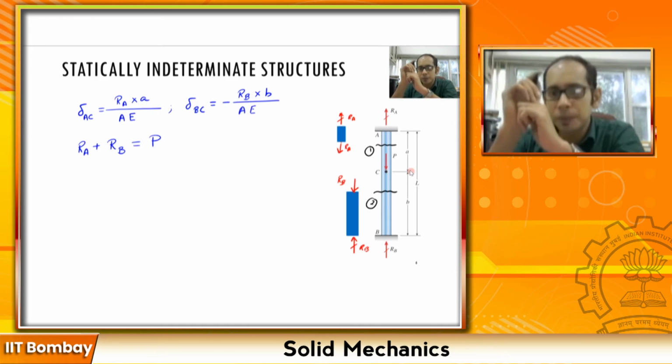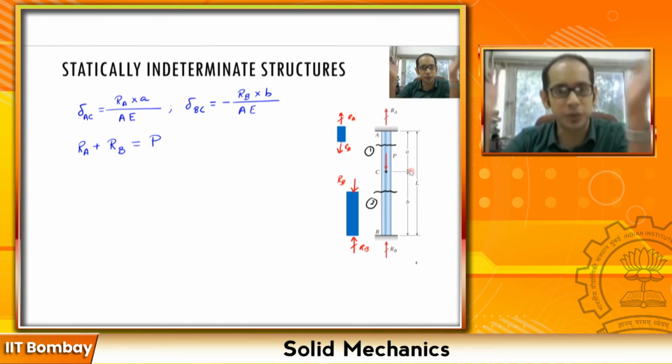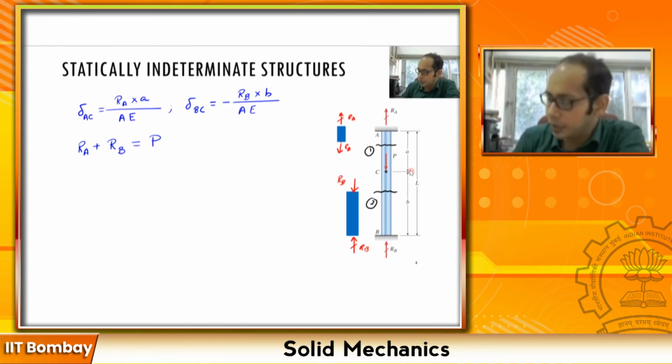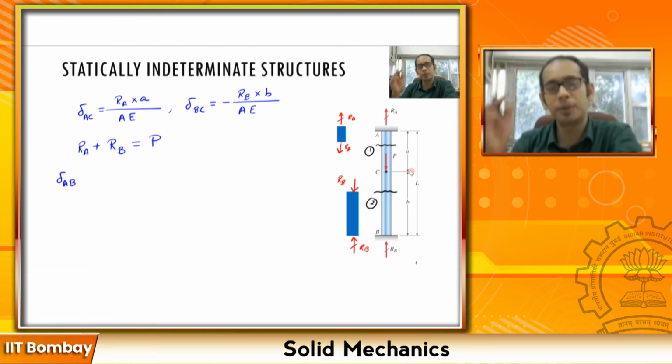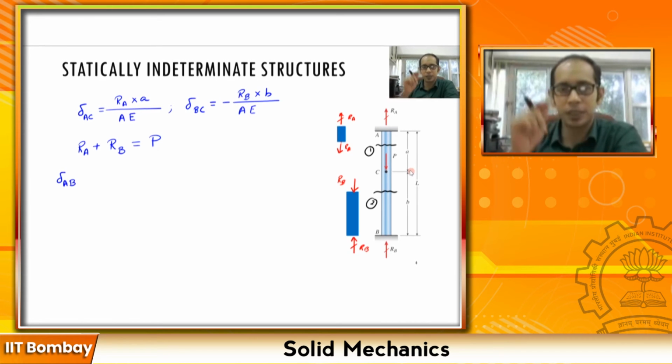Now, the fourth piece of the puzzle is my equation of compatibility, which is that the total delta AB, that is the total deformation. Remember previously what we did was that the delta was the sum of the individual deltas. Exactly the same thing here.